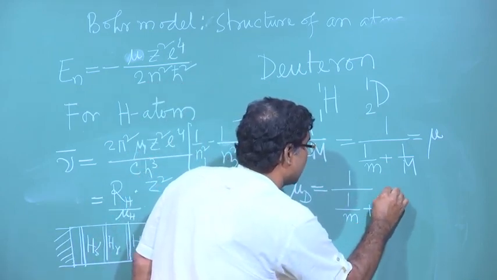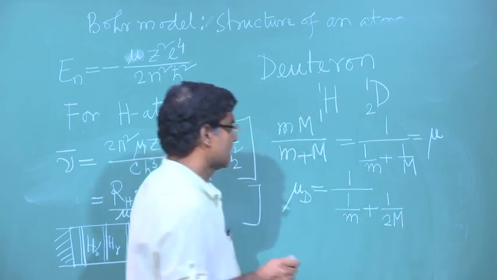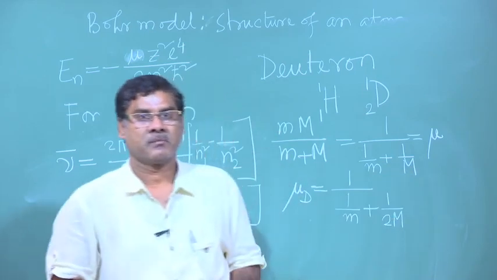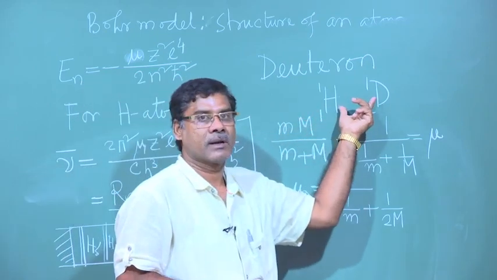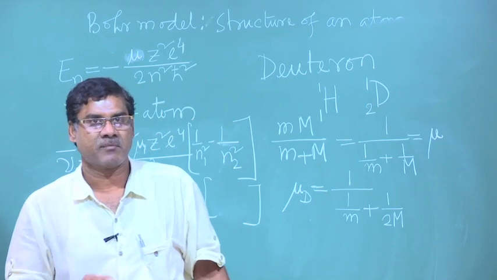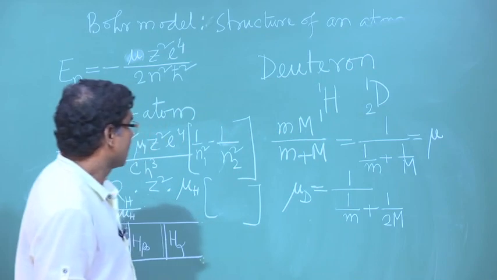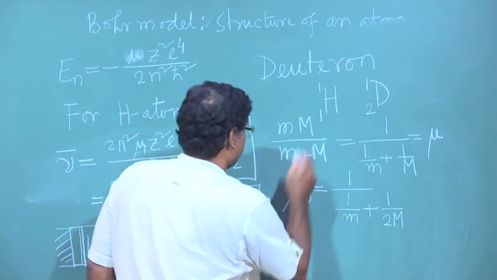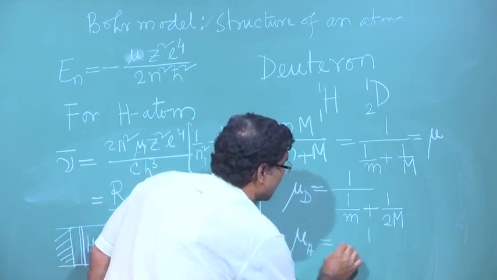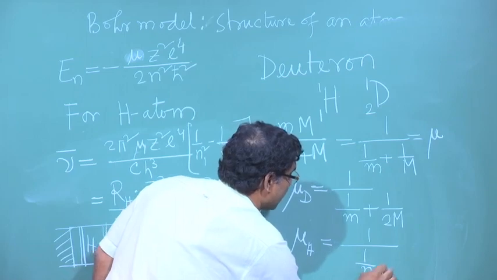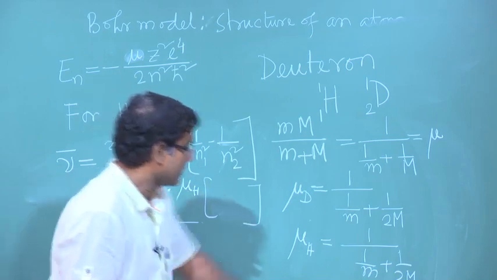Here I have to write 1 by 2m. If m is the mass of the proton, in deuterium there is 1 proton and 1 neutron, so if we consider the same mass for both, here it will be 2m, okay. Whereas mu h is 1 by m.